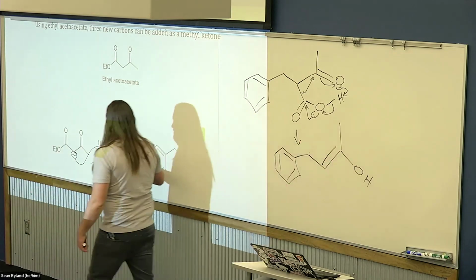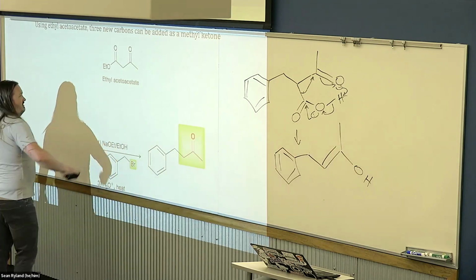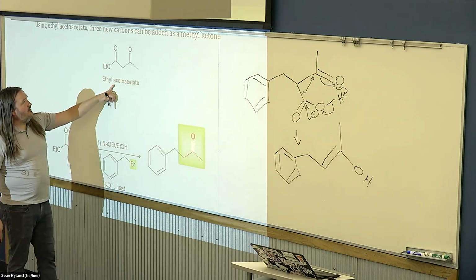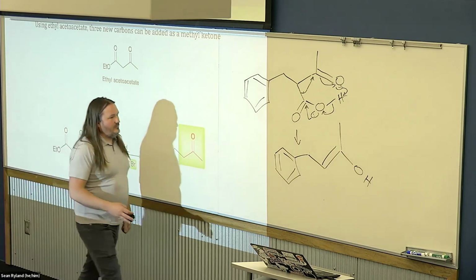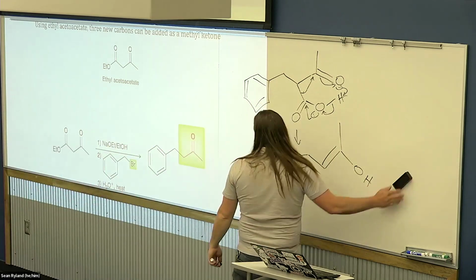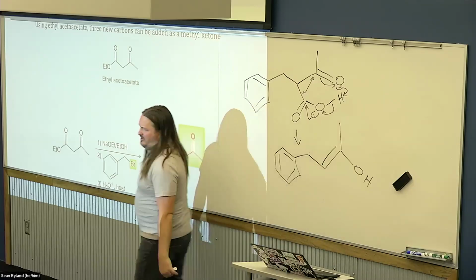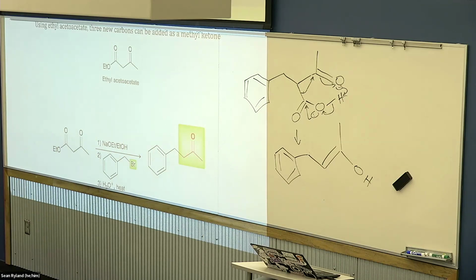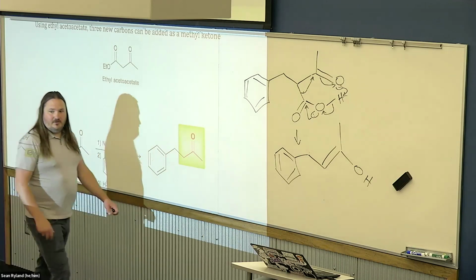So the net result is that by using ethyl acetoacetate instead of malonic ester, we add 3 carbons and get a ketone, instead of adding 2 carbons and getting a carboxylic acid. There are different uses for each depending on what you're trying to make.